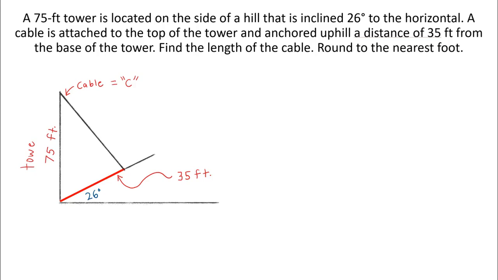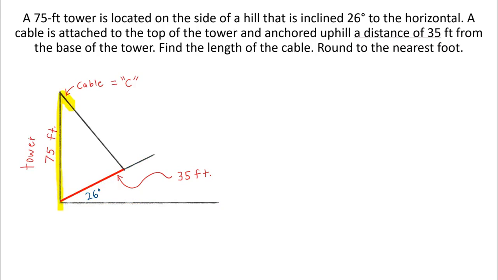All right, so we can see here we've got our flat ground. And here we've got our side of our hill. And we can tell that in between the two is a 26-degree incline. We can also see here at the base of the hill that we have our 75-foot tall tower.